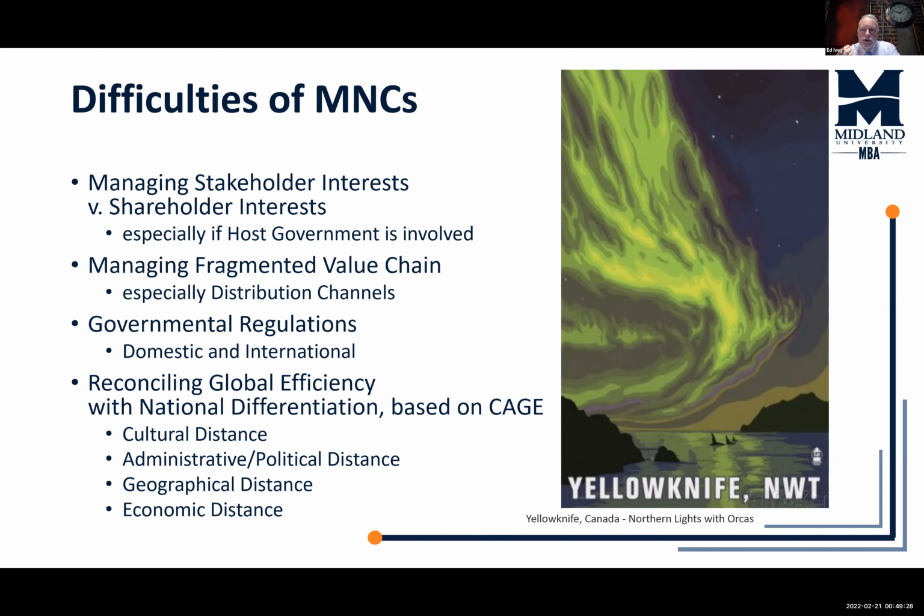So shareholders are whom? Shareholders are the ones who actually own shares, own stock in the company, if it is a publicly traded company. The stakeholder, however, is different. The stakeholder may or may not own shares, and probably does not own shares.